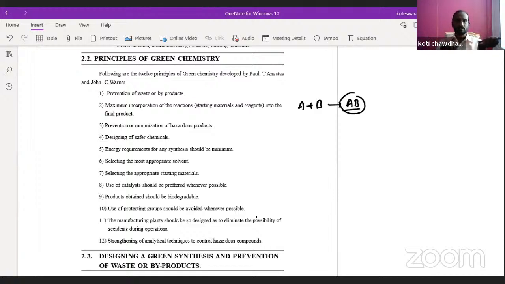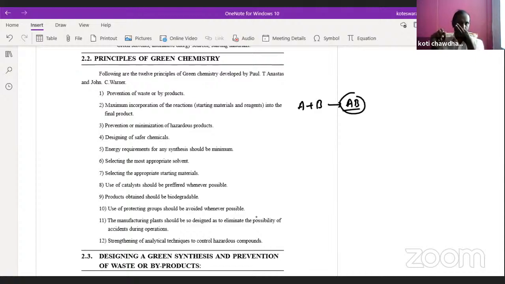Next, the eighth one is that use of a catalyst should be preferred whenever possible. What is the use of a catalyst in the reaction? A catalyst minimizes the energy requirement and increases the speed of the reaction. These are the two basic reasons for using a catalyst: it minimizes the energy, and it speeds up the reaction.